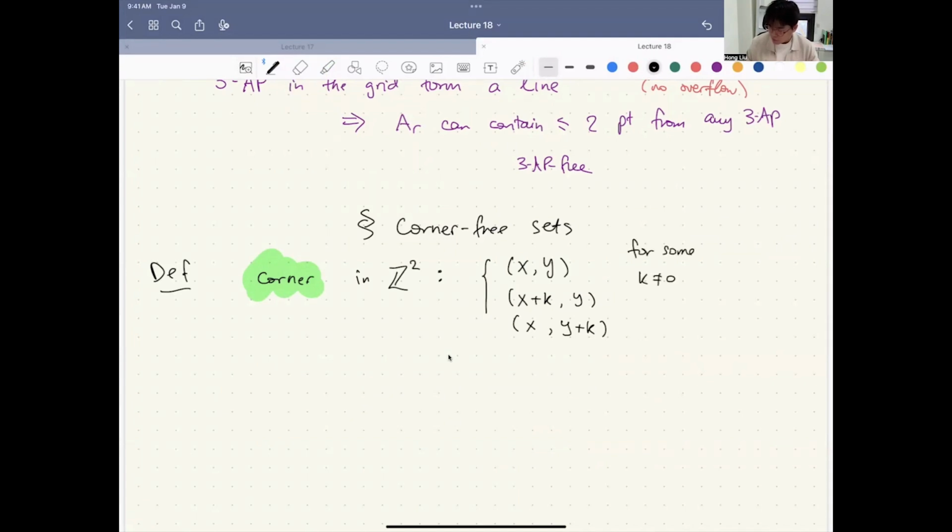It looks like this. You have the grid point.